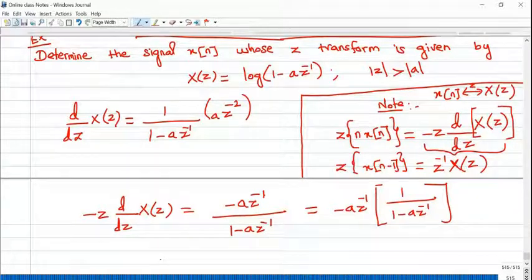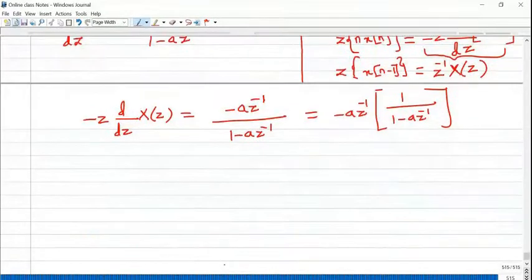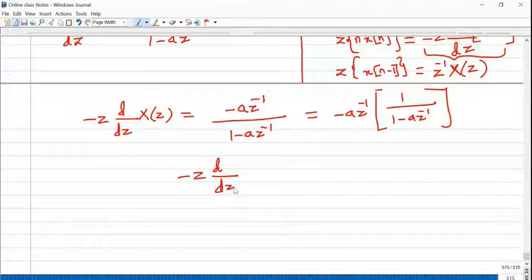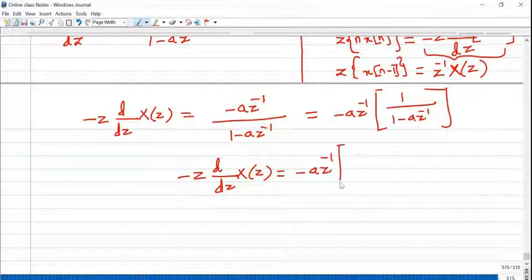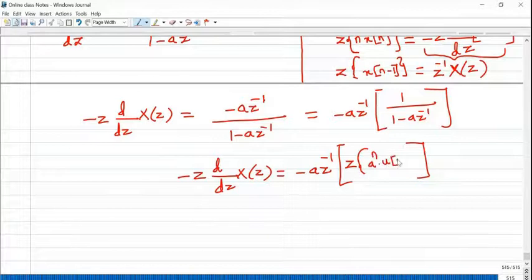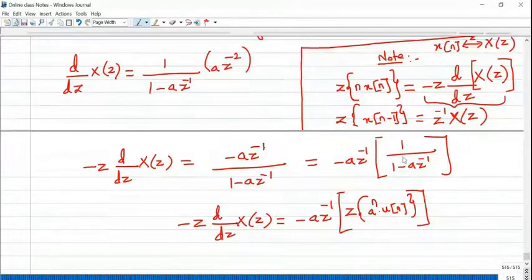So in the next step, minus z d by dz of x of z equal to minus a z inverse times the Z transform of a power n u of n. The Z transform of a power n u of n is 1 divided by 1 minus a z inverse, or z divided by z minus a. Both are the same. So we got the equation for minus z d by dz of x of z.